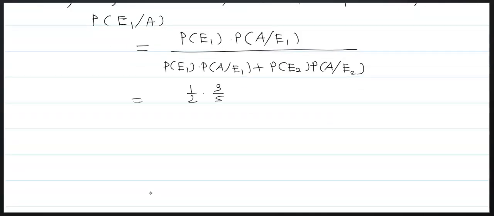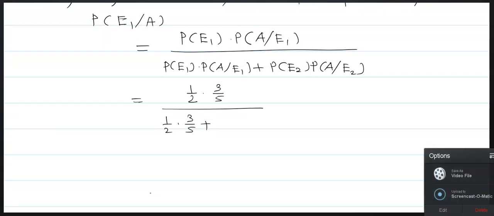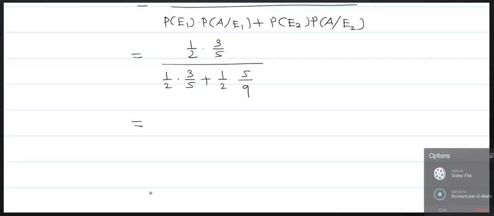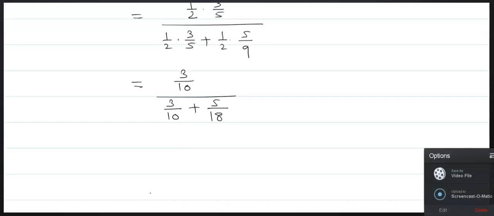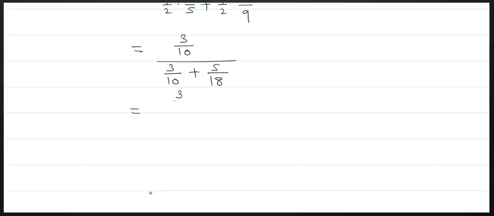That is 1 upon 2 into 3 by 5, upon 1 upon 2 into 3 by 5 plus 1 upon 2 into 5 by 9, and hence 3 by 10 upon 3 by 10 plus 5 by 18.